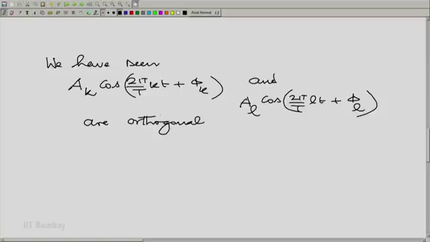Now, for example, suppose I took 3-dimensional space and I had an orthogonal set of vectors in 3-dimensional space. I wish to find out the decomposition of an arbitrary 3-dimensional vector into the individual components in these 3 directions. What would I do?